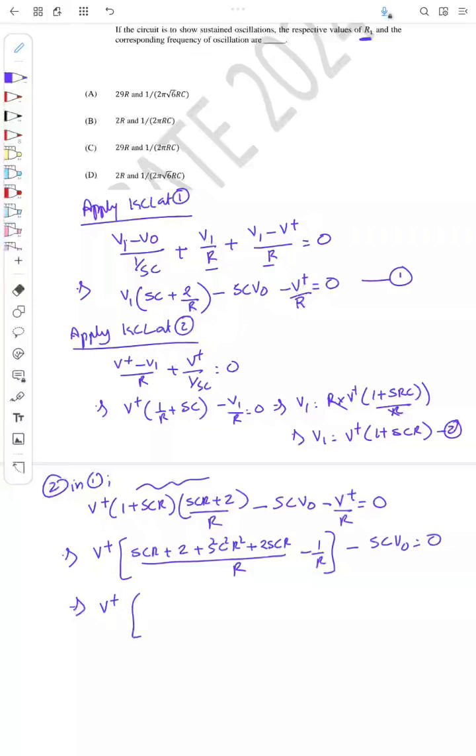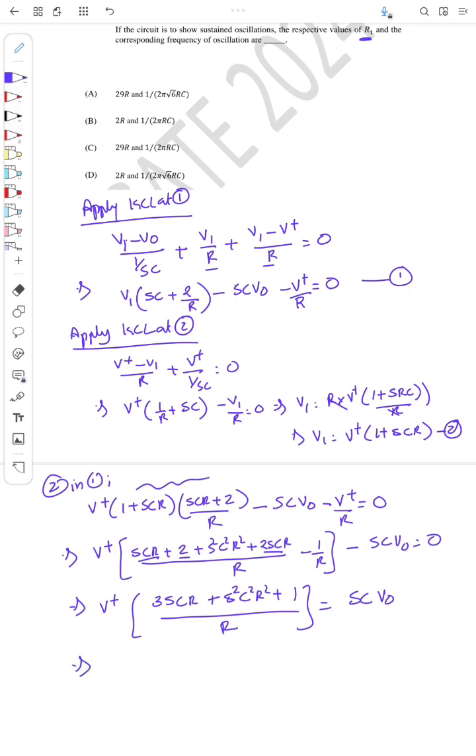So I have 2 SCR terms, so it is 3 SCR, and plus S square C square R square plus 2. Okay, and there is 2 and 1 here, right? So 2 minus 1 is 1, so I can combine that too. 2 minus 1 is 1, so 1 by R is equal to SC into V naught.